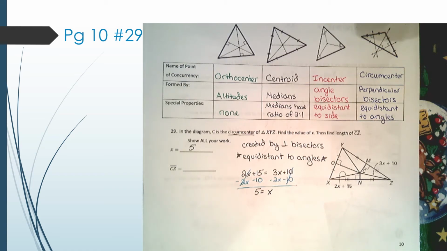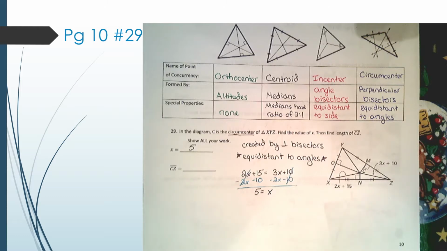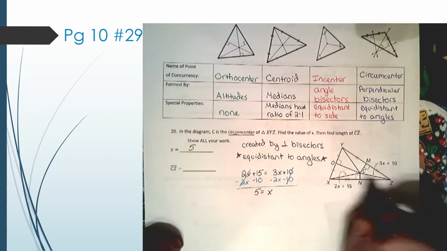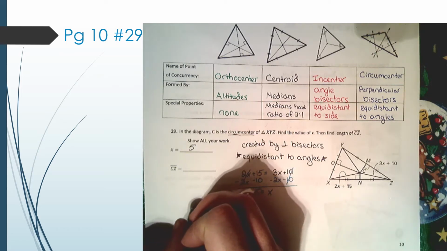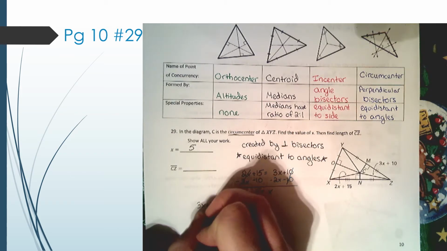Now, they told me they wanted me to solve for CZ. If I'm trying to do that, and now I know what x equals, well, the next step would be to substitute it back into it. So CZ had an equation of 3x plus 10.